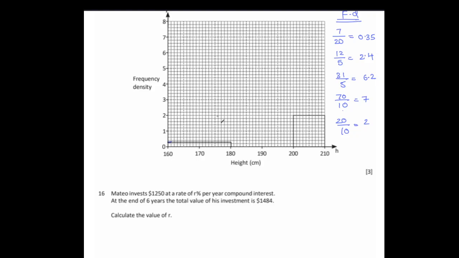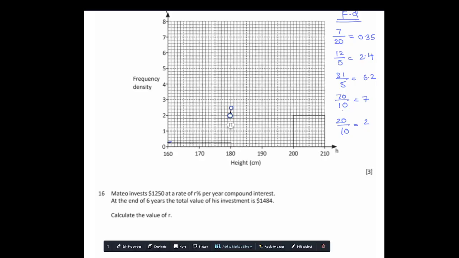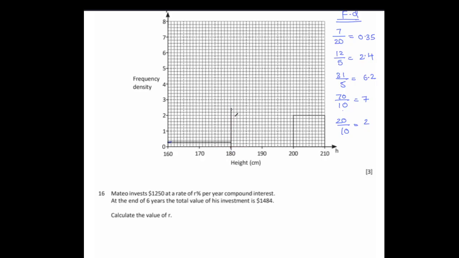So this is 2 and two boxes above will be like this, and up to 185 only. Then 185 to 190 is 6.2. 6.2 is just above 6, one box.